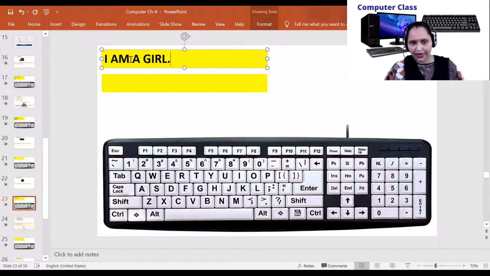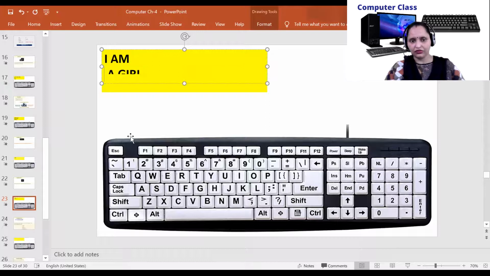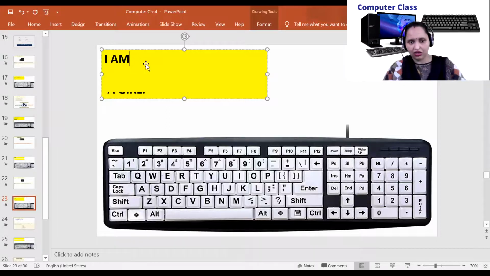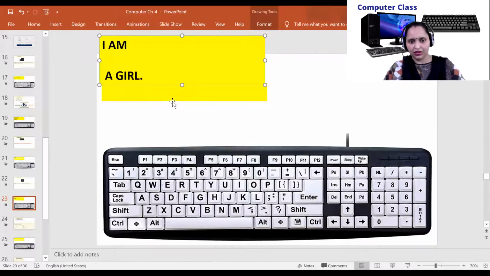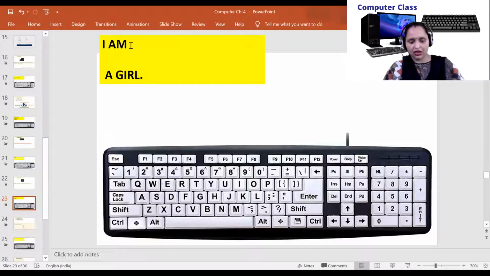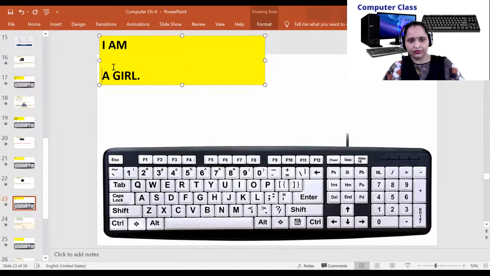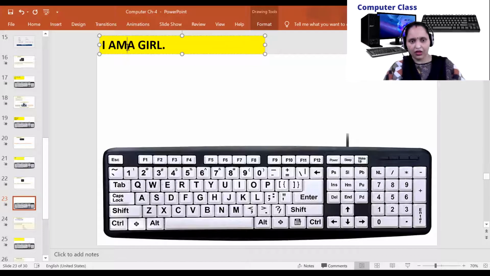Now I bring my cursor here, after M. Now I am pressing the delete key. See what is happening. The delete key is erasing the letters towards its right.